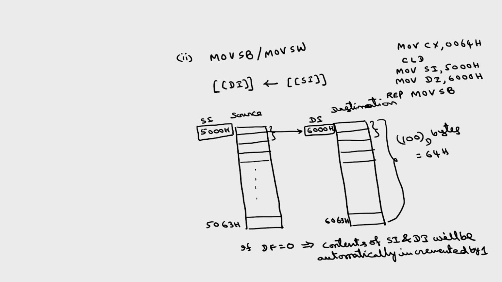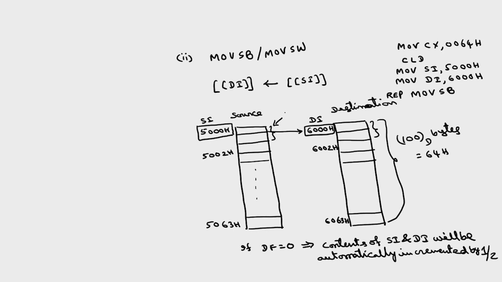This will transfer the same way if the clear direction flag is 0. The difference is that the contents of SI and DI will be incremented by 2 here. In case of string word, it is incremented by 2; in case of string byte, by 1. So the first word will be transferred, and the second word will be at 5002H and 6002H.